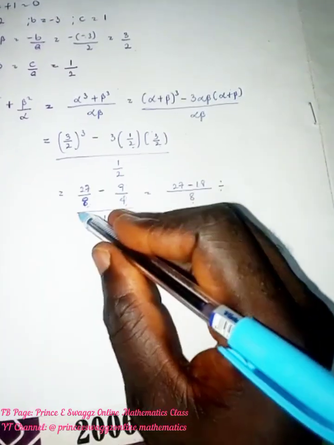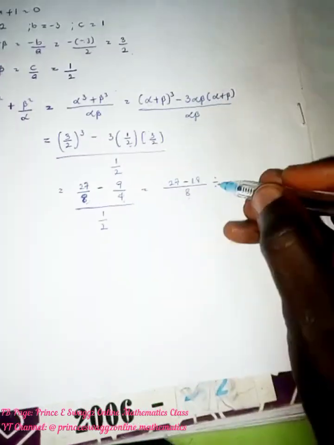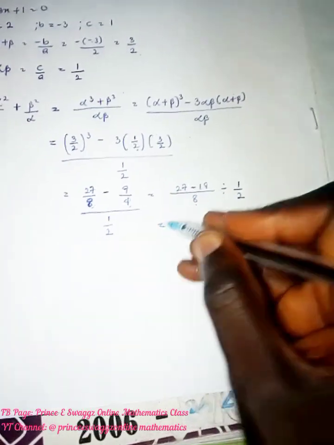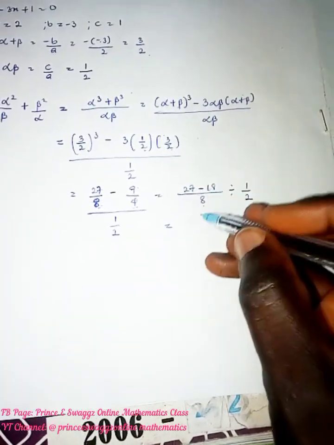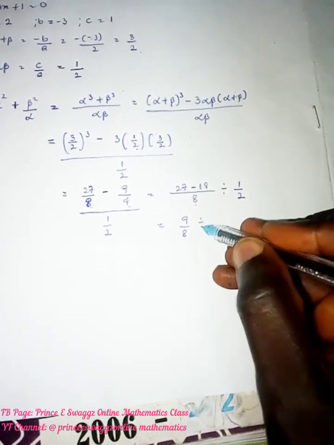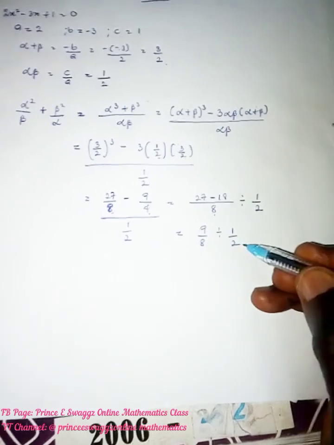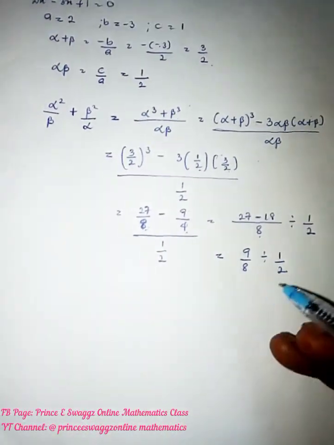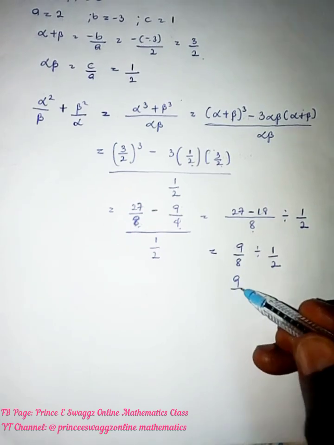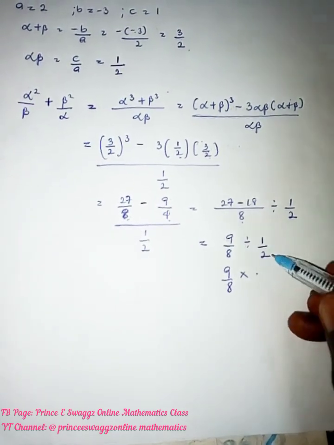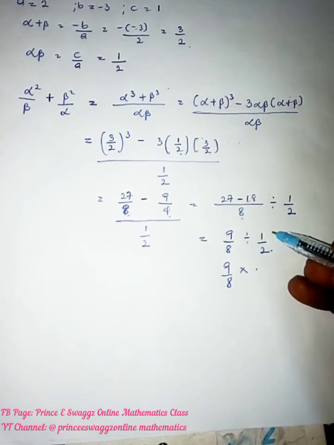So we have 27 minus 18, that will give us 9 over 8, divided by 1 over 2. Then we change the division sign to multiplication, and interchange the fraction.